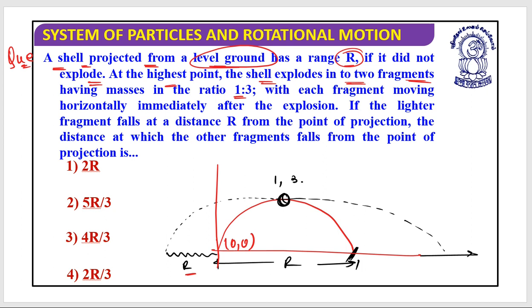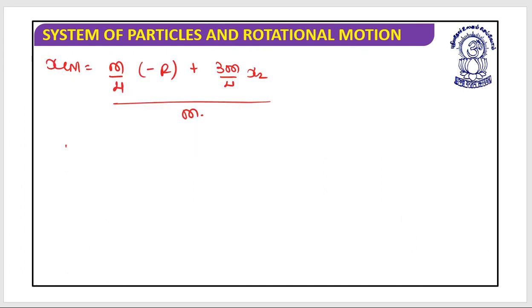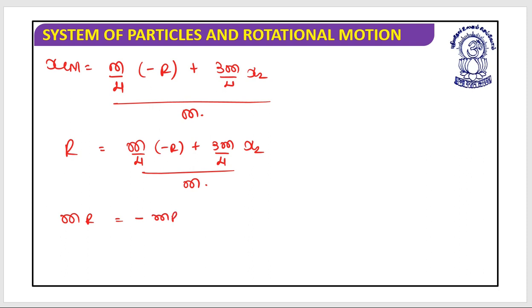But explosion is a process due to internal forces, sorry, and no external forces take part in this, so momentum is conserved, and when momentum is conserved, xcm is not going to change its position. So this xcm would be equal to r, that is equal to m by 4 into minus r plus 3m by 4 into x2, divided by m. So this could be mr equals minus mr by 4 plus 3m by 4 into x2.